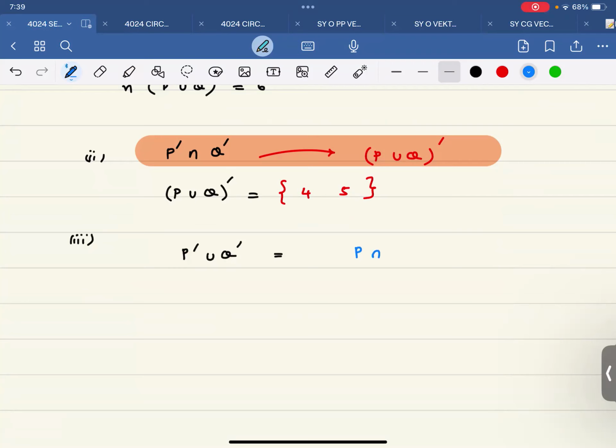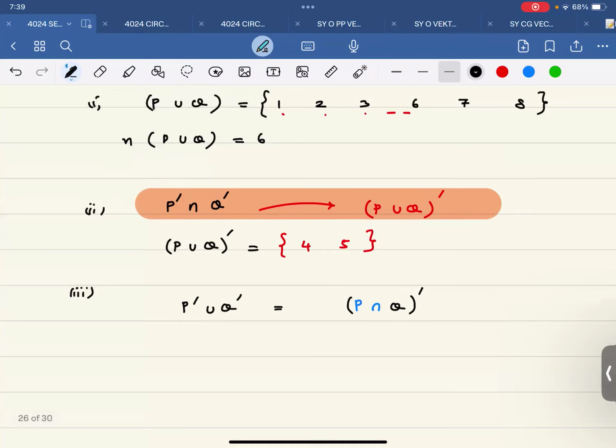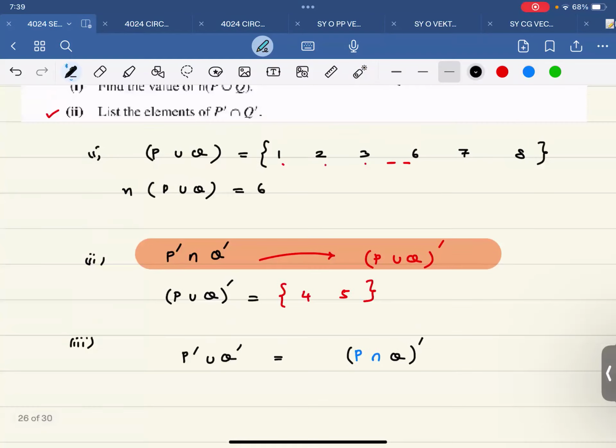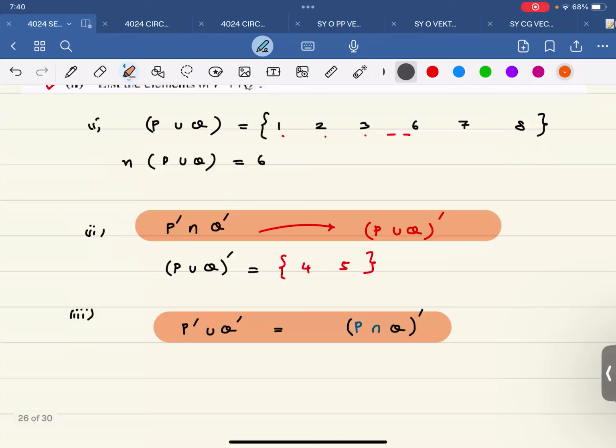The union gets converted to intersection, and the whole thing complement is taken common out. So P intersection Q does not exist. But if we were about to use it, that's how it will be used. So now this part is also done. Let's move on.